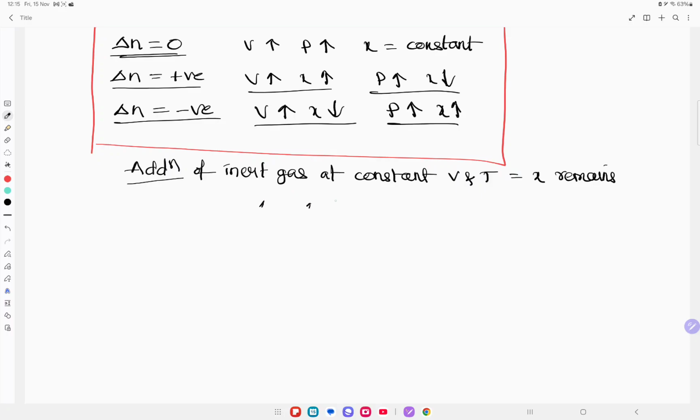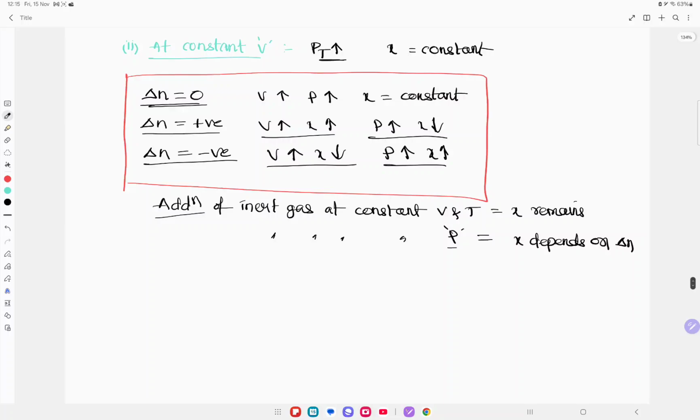Addition of inert gas at constant pressure, it depends on delta n. This is the final conclusion from all the three cases.